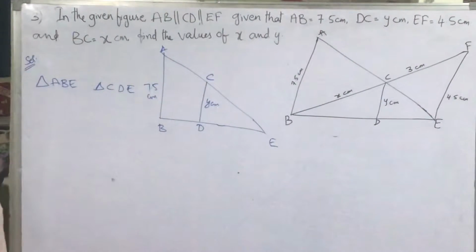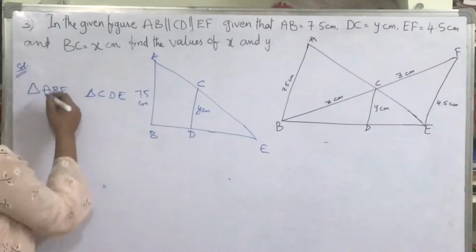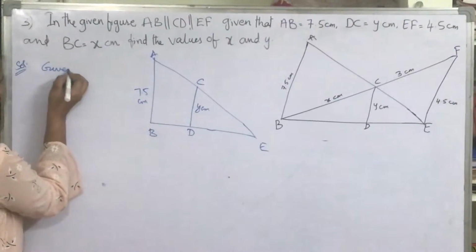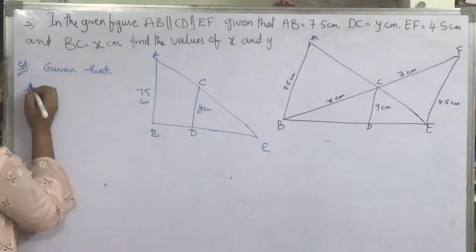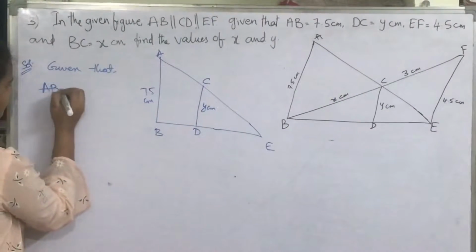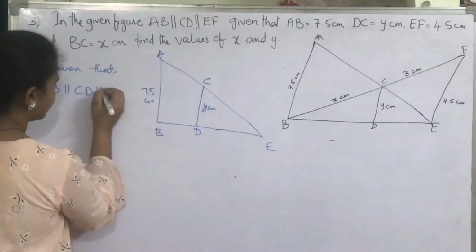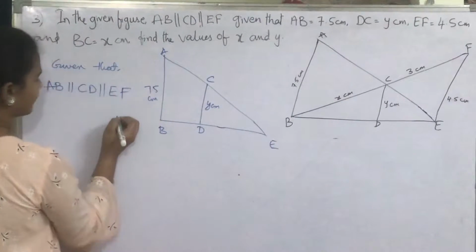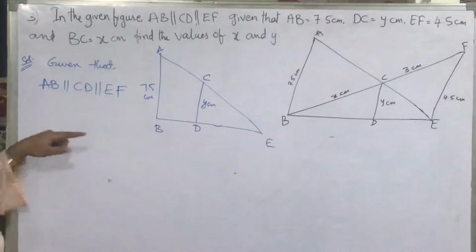By the given question, we know that, let me write down, given that AB is parallel to CD, CD is parallel to EF, right? So here, given that AB is parallel to CD.